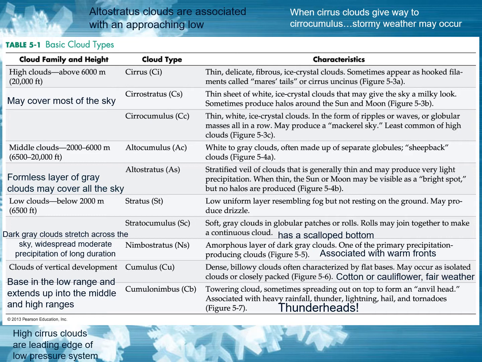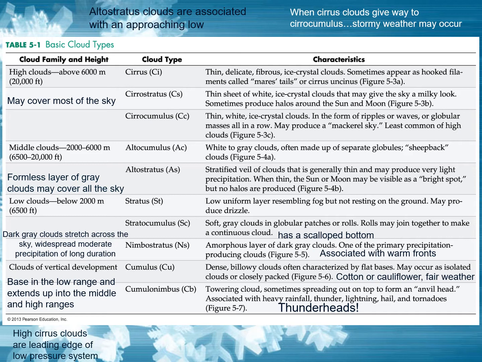Cirrocumulus I haven't seen in person all that much. I do occasionally see them in images on the Weather Channel. Okay, so they're higher clouds in the form of ripples or waves, sometimes referred to as a mackerel sky. Mackerel is a type of fish, meaning it looks kind of like fish scales, fish skin.